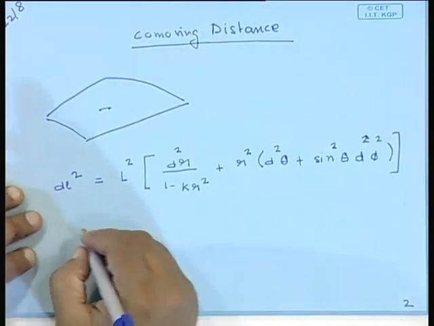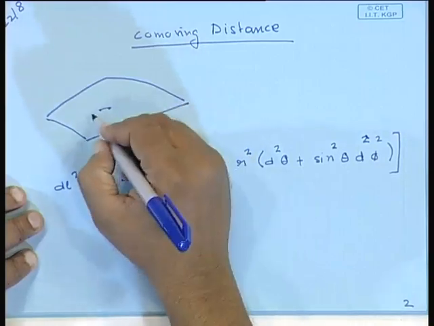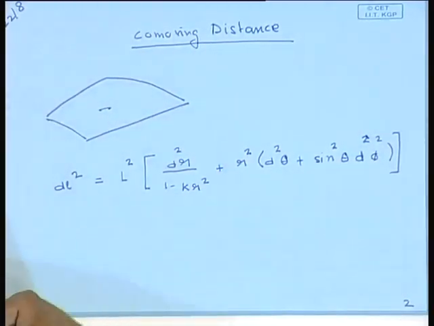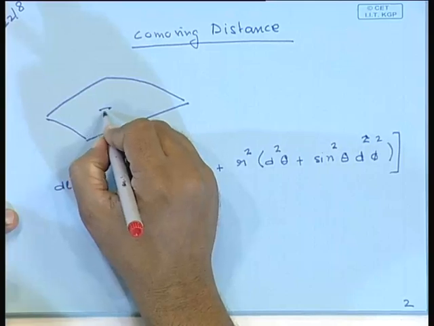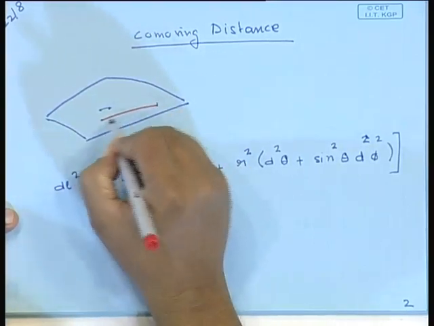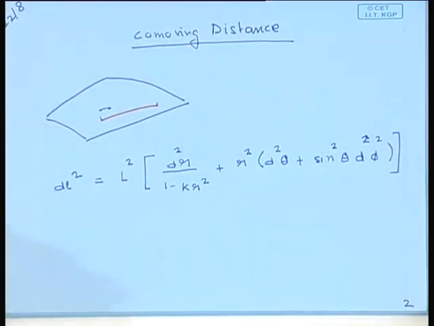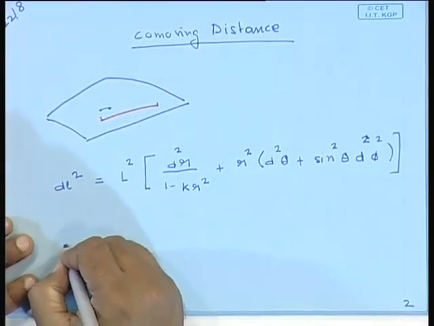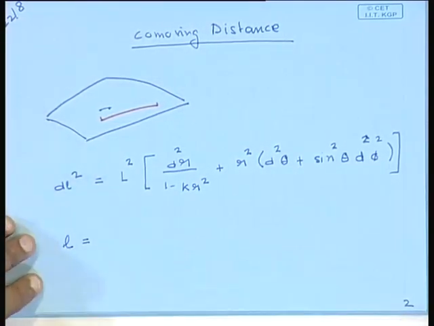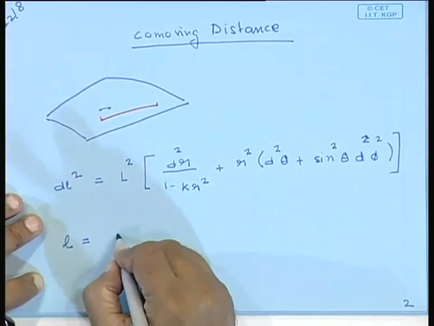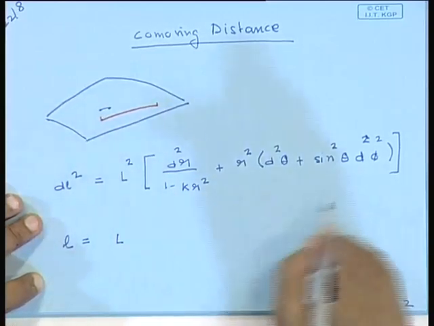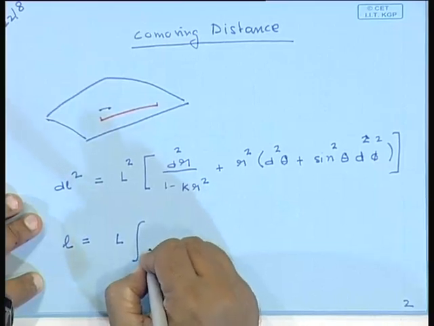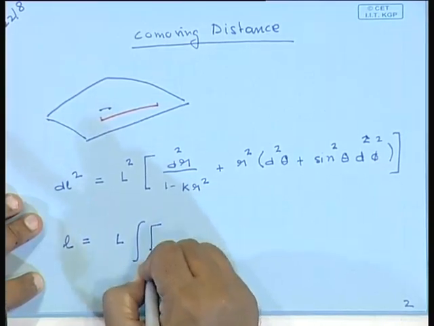Now I can calculate, if I have 2 points which are at a finite separation, not at an infinitesimal separation, let us say this and this, the comoving distance between them. The comoving distance L is going to be the integral. What I have to do is integrate the square root of this.